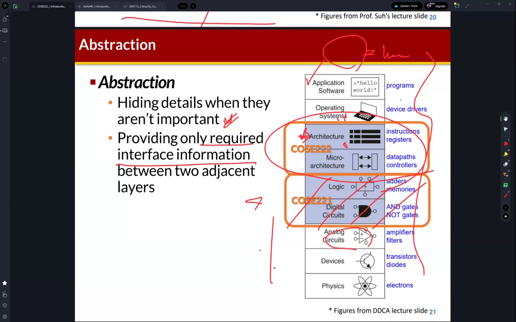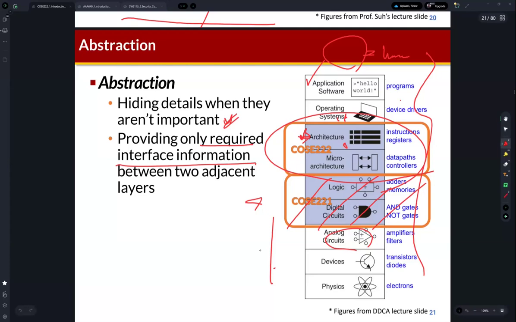I explained that computer systems are composed of many layers, like the program layer, operating systems, architecture, microarchitecture, and then logic and hardware design. Because the computer system is very complex, we can just focus on a certain layer, and in this case we can ignore unimportant things.